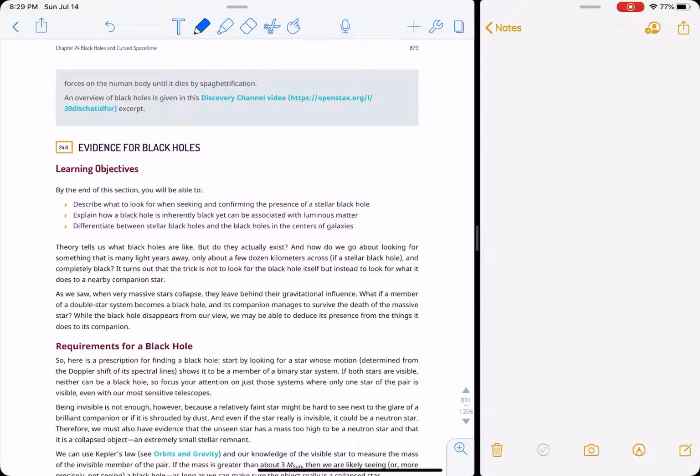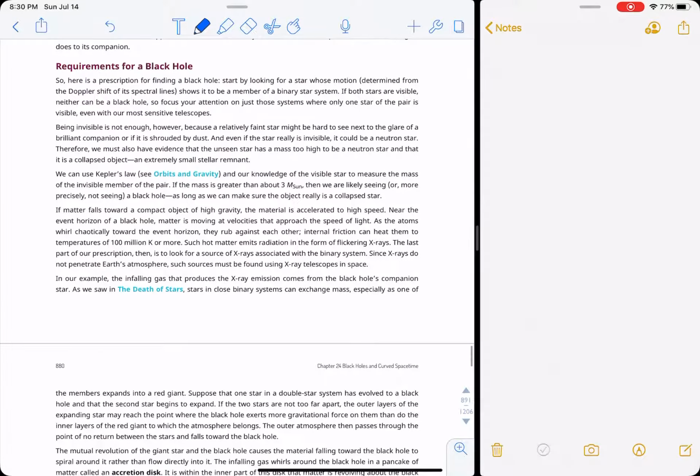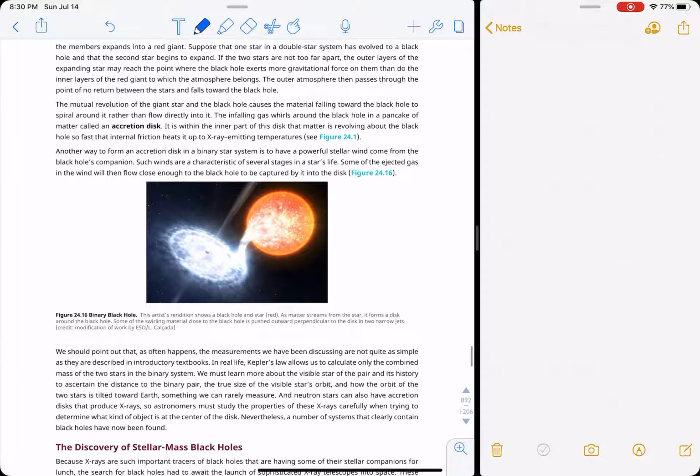You can think of a black hole as a star that's very dark. You can't see it, but we can see its effects from its presence. So for the evidence of black holes, we can see that they do emit giant jets. We'll see huge amounts of energy coming from seemingly nothing.